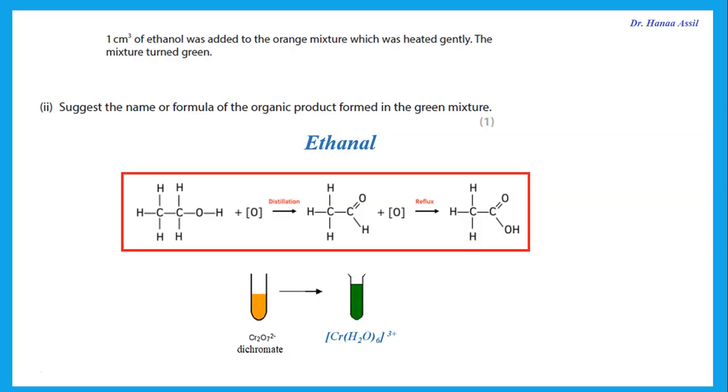If the product is distilled off directly, then what I have is ethanal, an aldehyde. And if we continue to heat it under reflux, it will end up becoming ethanoic acid. So either of them could be correct. While the dichromate itself now changes to the chromium 3+ complex.